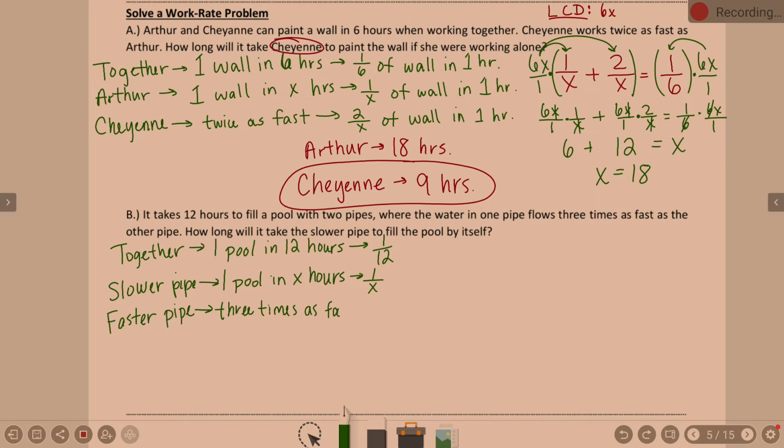So what are we going to use? Three over x. Did you write your equation? Let me back up and ask that. Okay. Together, they have a rate of 1/12. We're basically going to take the slower pipe, 1 over x, plus the faster pipe, 3 over x, and together it's going to equal 1/12.